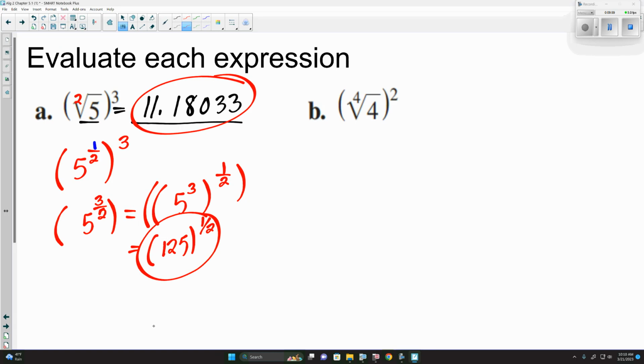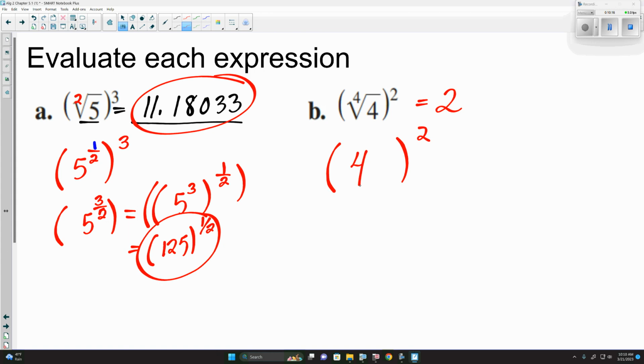And the 4th root of 4 squared is 2. Now this seems like an odd thing to come out of this, but if we break this down and work with it, we will see how this works.